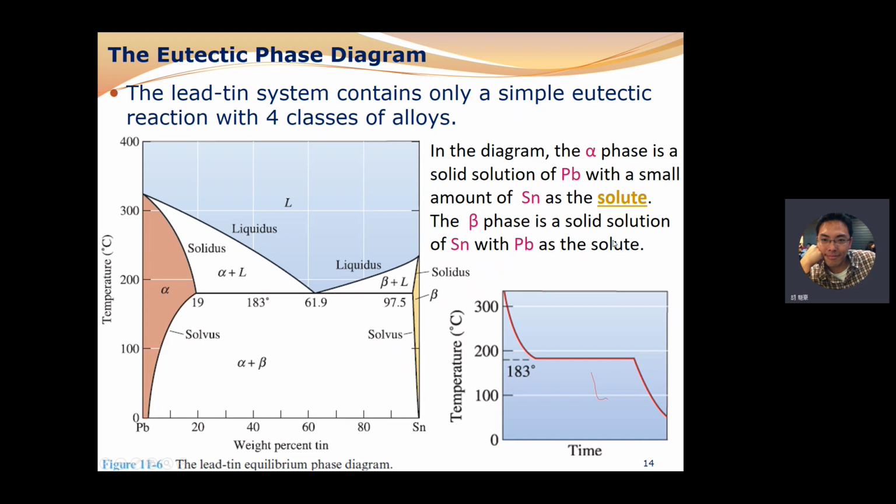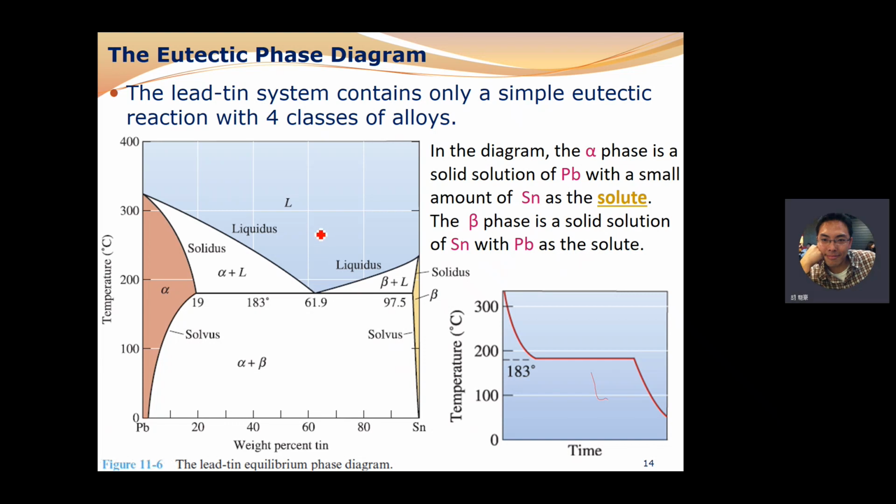So let's look at the other binary system or eutectic phase diagram. It's a tin-lead phase diagram. So can you point out where's the eutectic reaction in this phase diagram? Or you can tell me the composition. It's about 61.9 weight percent of tin, right?